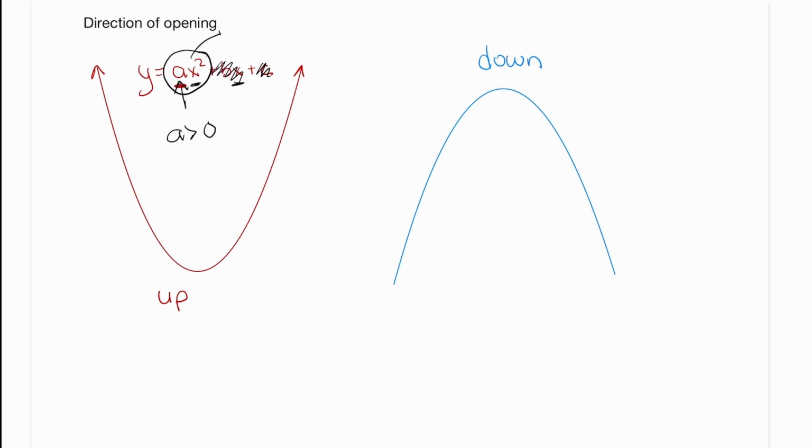Whereas if a was negative, then y is equal to ax squared. That's going to get really, really, really negative, right? So if we think of y is equal to negative 10,000 x squared, this x squared value is always going to be positive, right? So that's always positive.